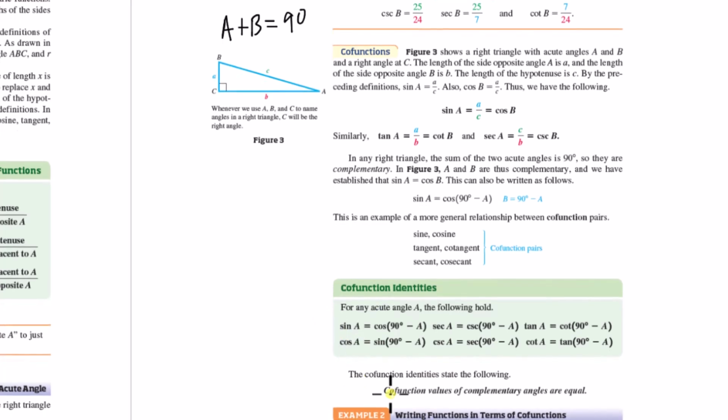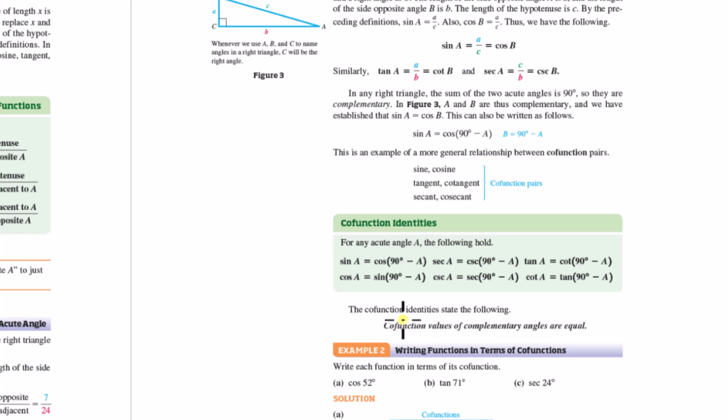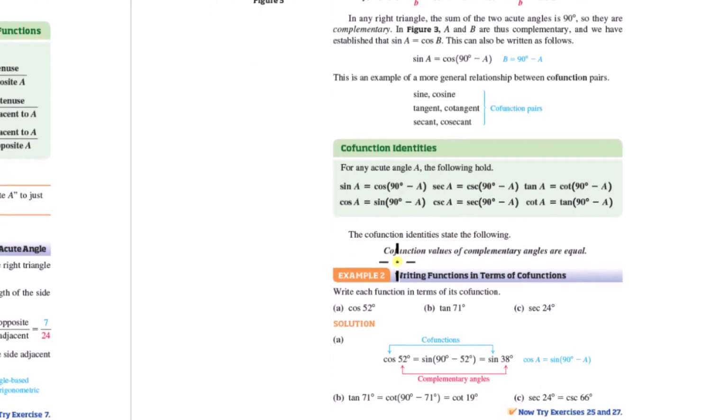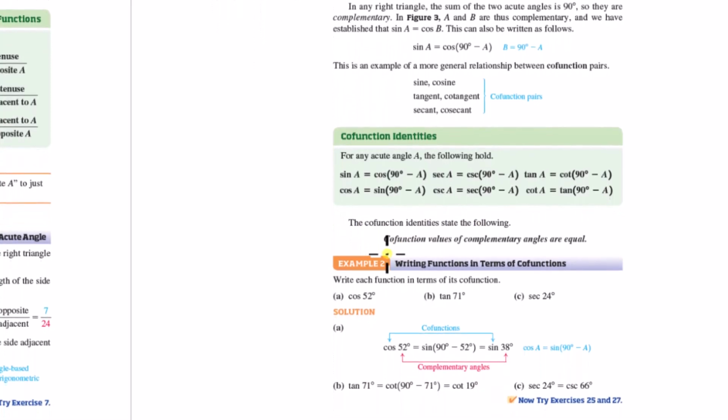Another way of looking at this is that the cofunction identities state the following: cofunction values of complementary angles are equal. So you think about cofunction pairs. You could write these equalities in terms of the acute angles of a right triangle, with sine and cosine, tangent and cotangent, secant and cosecant.